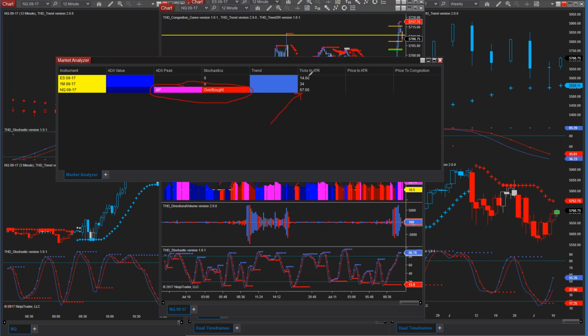Now this is ticks, not points, but ticks. And on the NASDAQ, there are 4 ticks to a point.